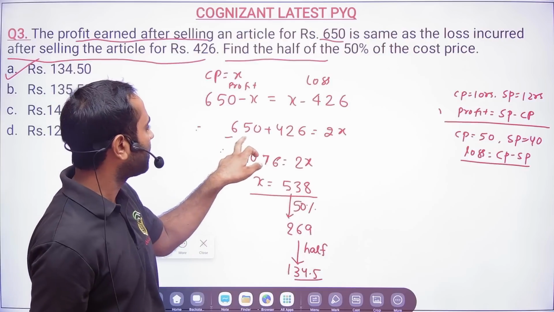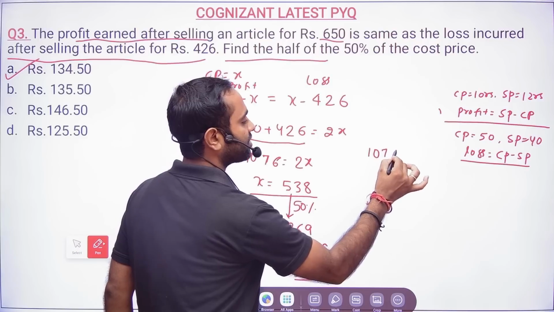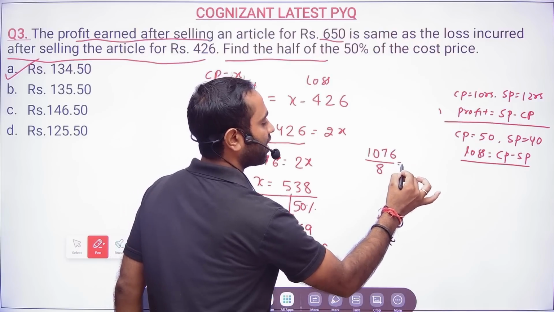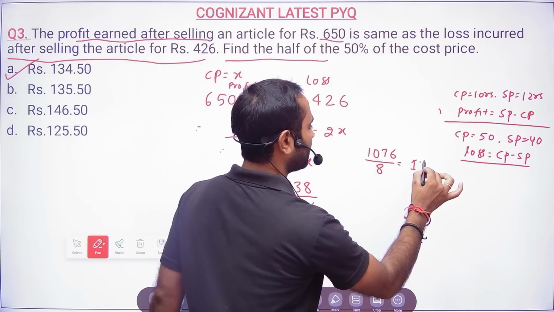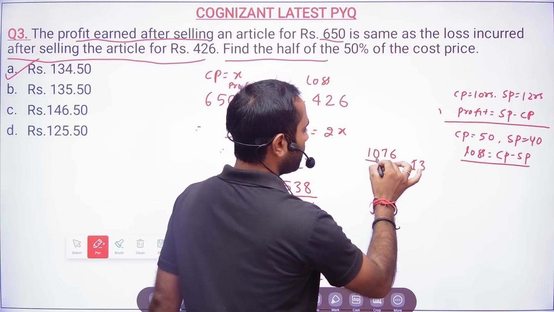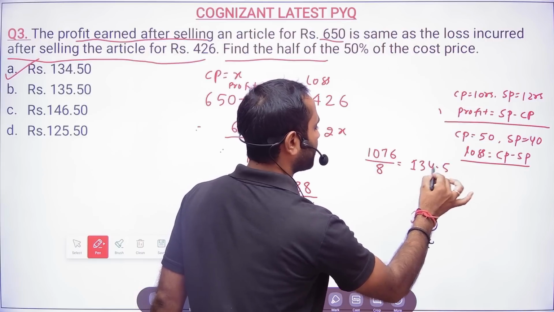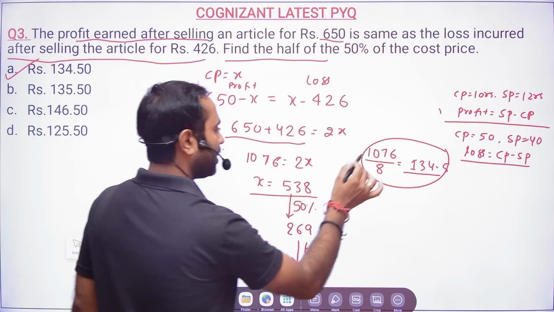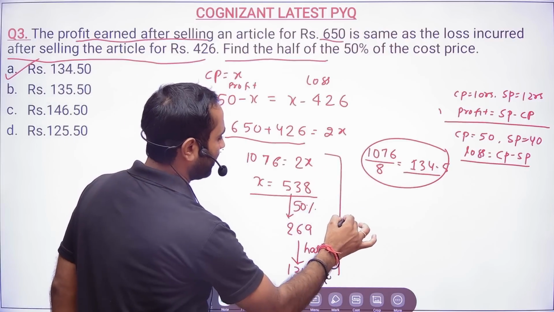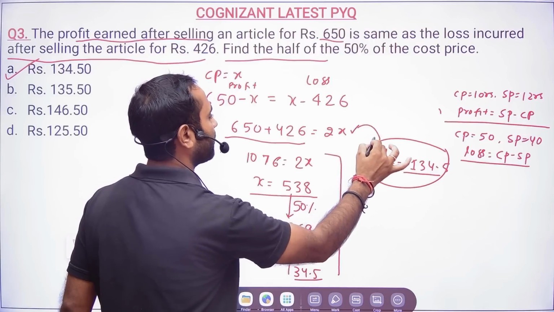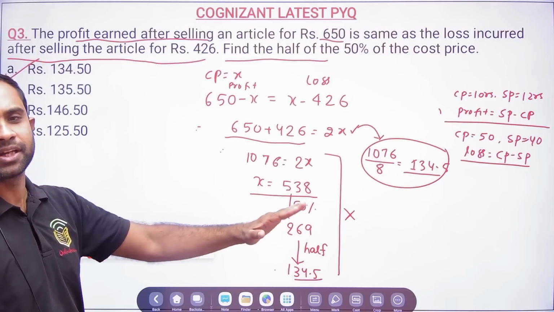Or whatever the value you are getting here, if you divide 1076 by 8, what answer you will get? 134.5. If you have some practice, then all those steps are not required. You could have directly solved it here itself. 1076 divided by 8 will be equal to 134.5.